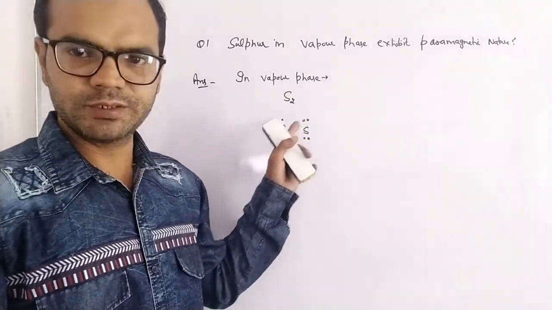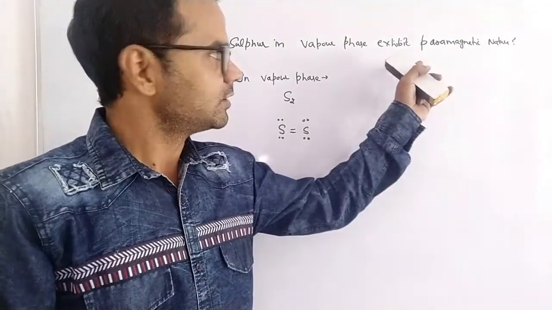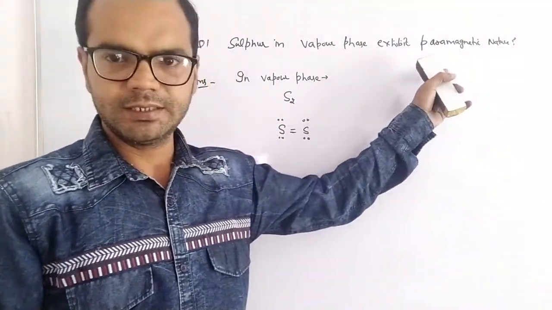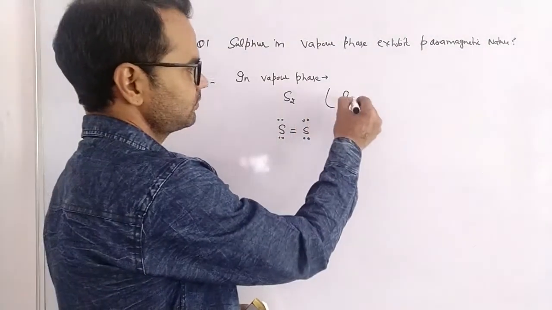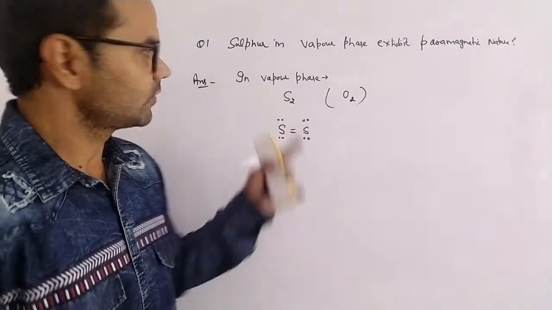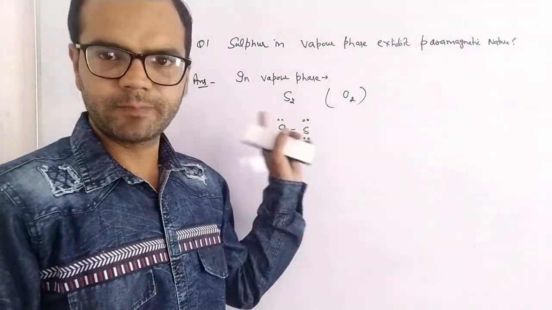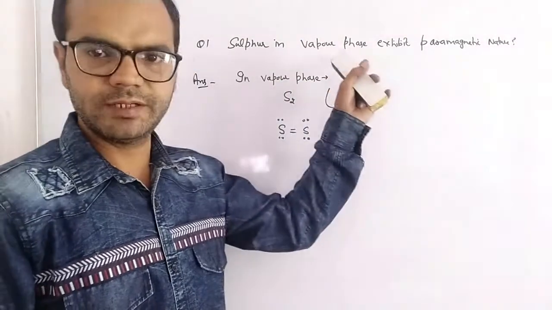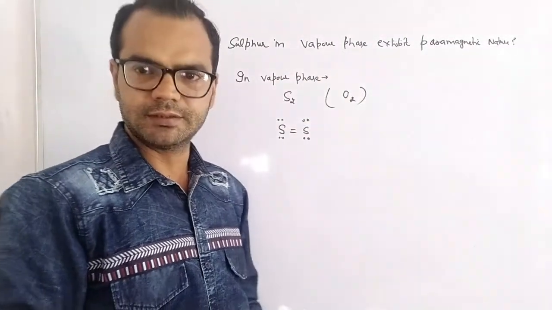Due to the presence of these unpaired electrons, it shows paramagnetic behavior. It is similar to oxygen. So in the vapor phase it exists as an S2 molecule, but in solid form it is octatomic. That's why in the vapor phase, due to the presence of unpaired electrons, it shows paramagnetic behavior.